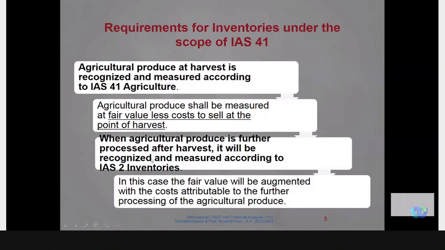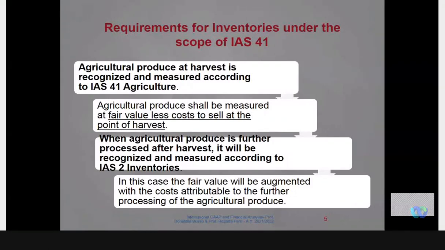Then you see here, when agricultural produce is further processed after harvest, it will be recognized and measured according to IAS 2 Inventories. That is, if we don't sell the agricultural produce at the point of harvest, but we keep and process it, and we spend some money to change the substance or the packaging of this agricultural produce, it will be treated under IAS 2 Inventory.